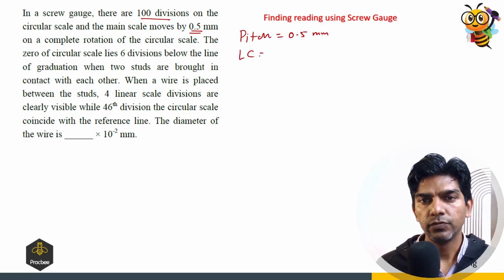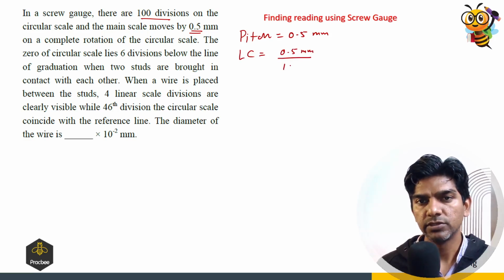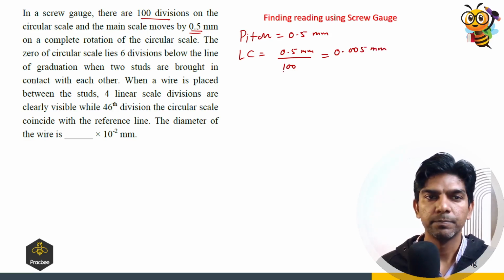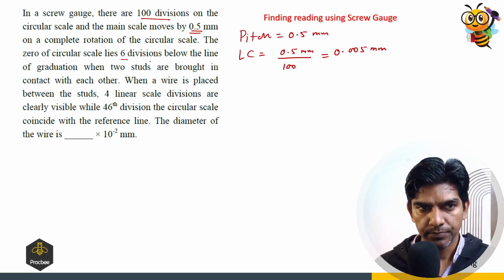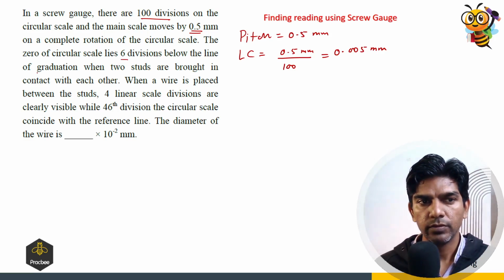So the least count will be 0.5 millimeter divided by number of divisions on the circular scale, which is 100. So it will be 0.005 millimeter. The 0 of the circular scale lies 6 divisions below the line of graduation when two studs are brought in contact with each other.